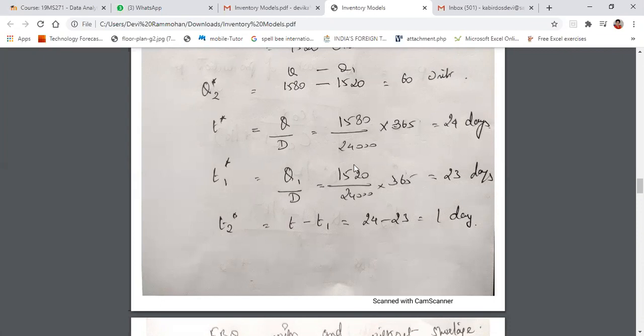How many orders would you be taking? 288. No, number of orders. How do you find out the number of orders when EOQ is 1,580?